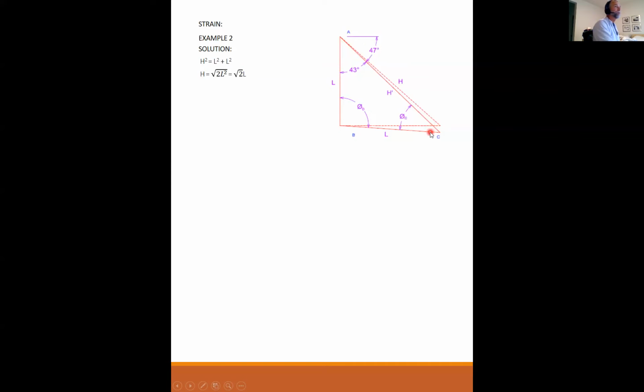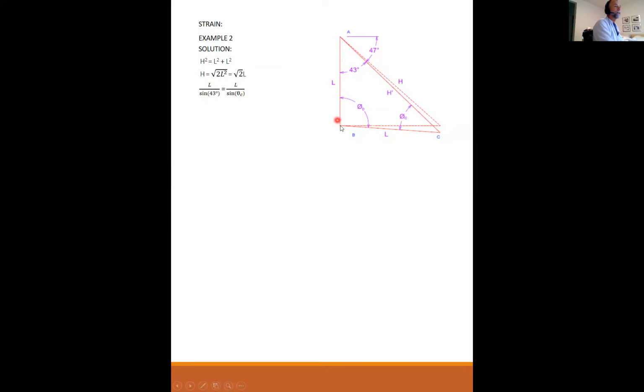Now I need H prime. So if I use the law of sines, then what do I know? Actually, let me back up a second. I forgot to mention something. Because this was a rigid beam, it's not going to change length.